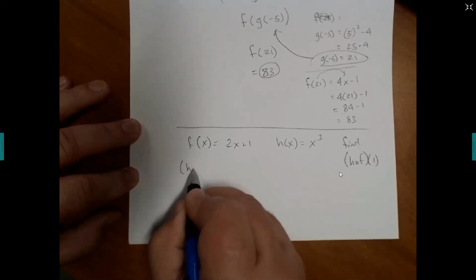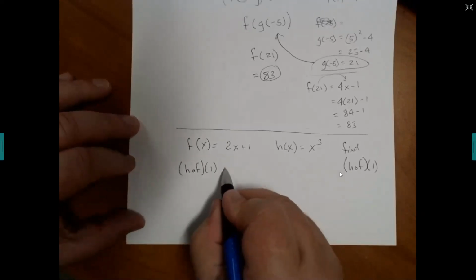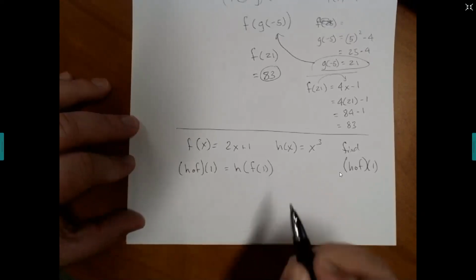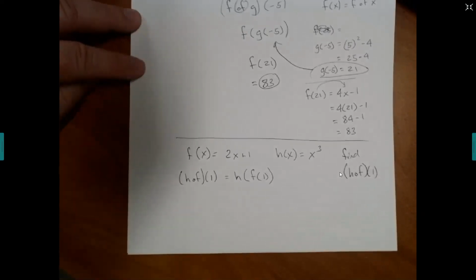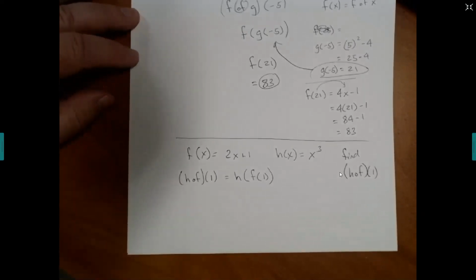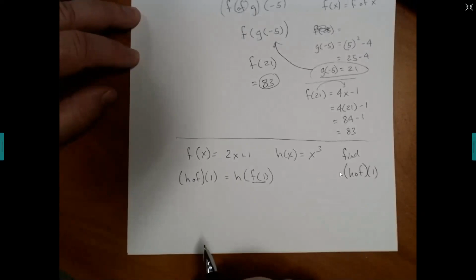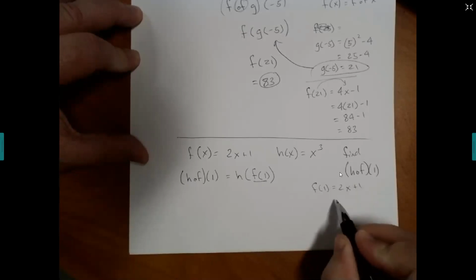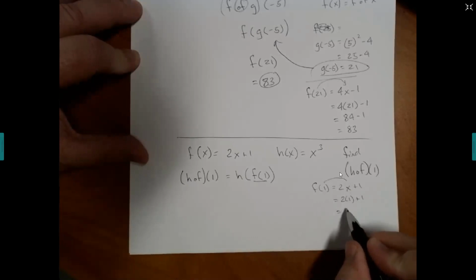So we're supposed to find h of f of 1, which, remember, again, this means h of f of 1. So the first thing we have to find is f of 1 from 2x plus 1. So 2 times 1 plus 1. 2 times 1 is 2 plus 1 is 3.